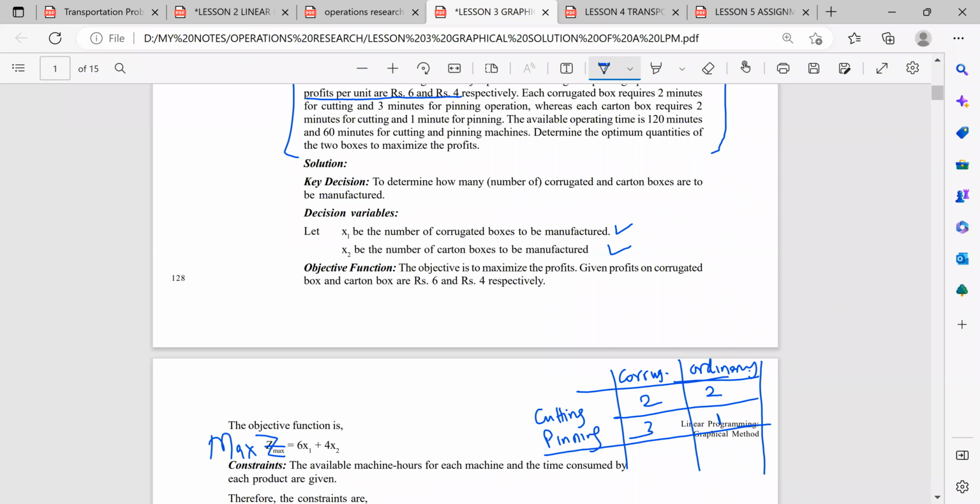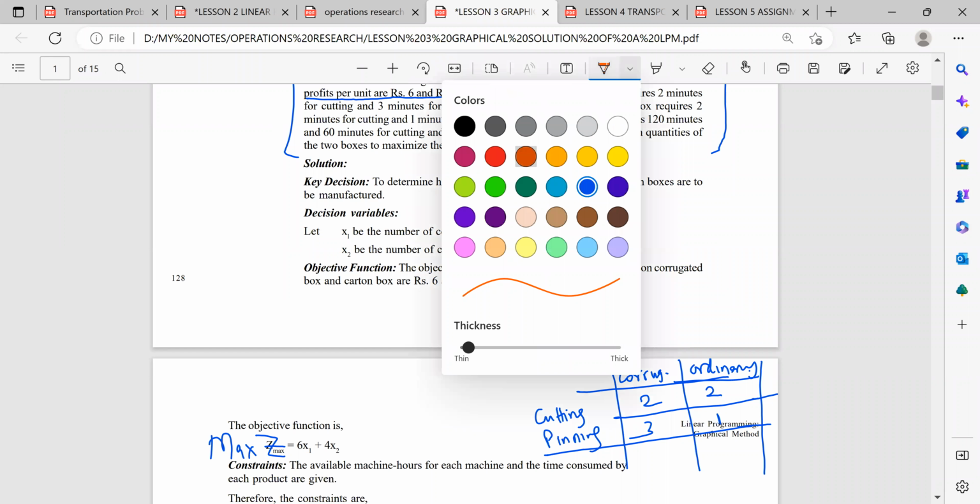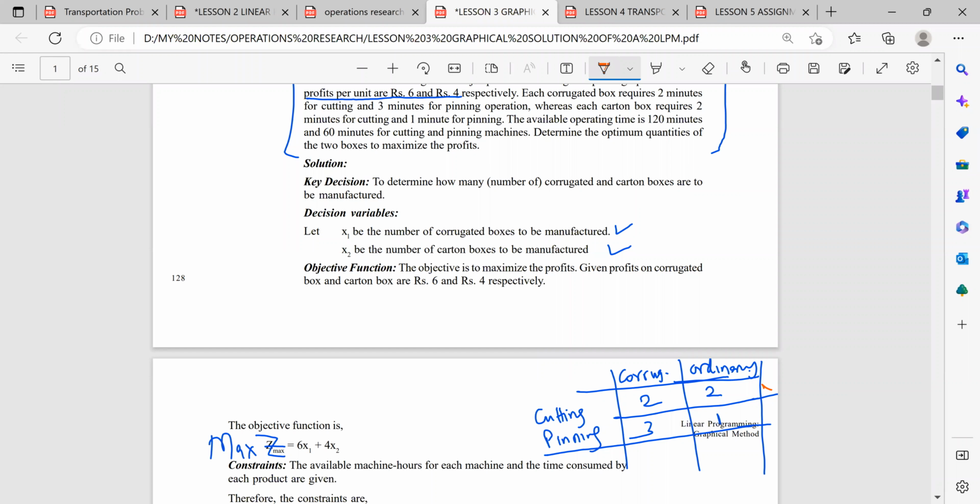Then you are told the available operating time is 120 minutes for cutting, so here we have not more than 120, and then here we have 60 for pinning.